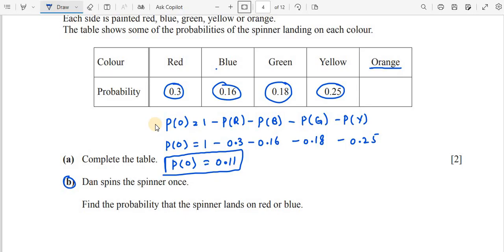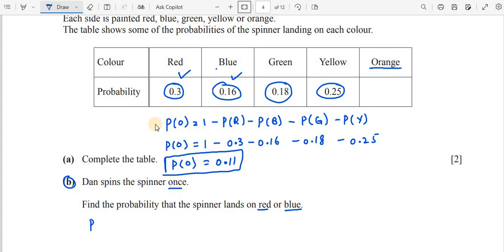Part B. Dan spins the spinner once. Find the probability of the spinner landing on red or blue. The red probability is 0.3 and blue is 0.16.